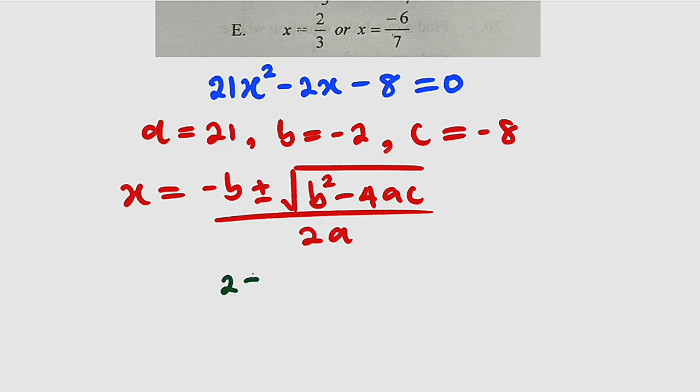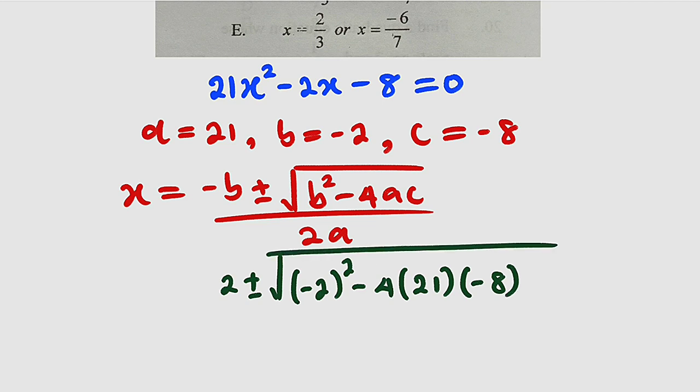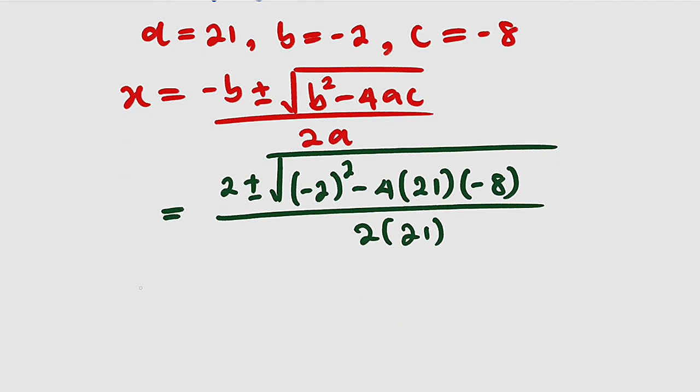So we have plus 2 plus or minus the square root of -2 squared minus 4 times a times c, divided by 2 times a, 2 times 21. Let's simplify.